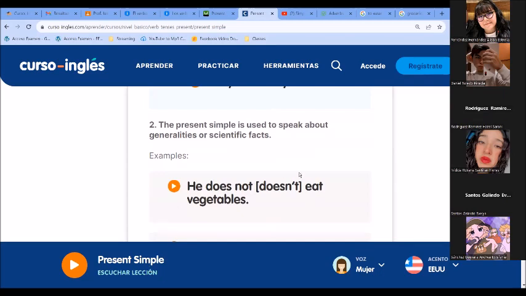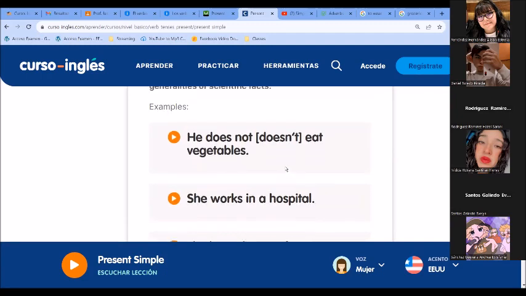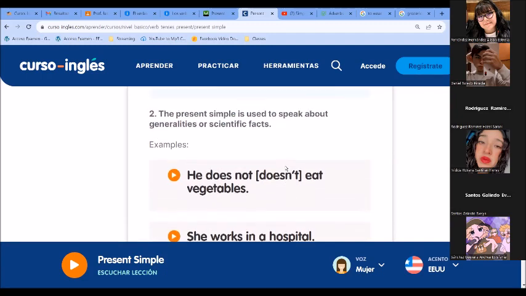Let's go with Esteban. Sorry. First, number 2, and then the examples. First the use, and then the examples.